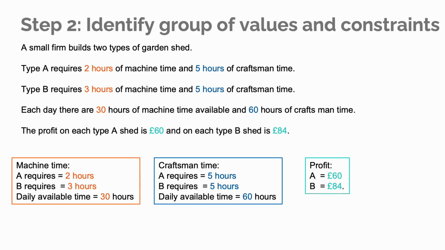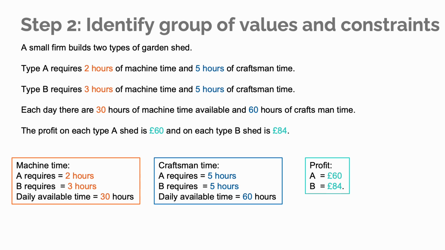So when it comes to machine time, required by A is 2 hours, and machine time required by B is 3 hours, but the entire system has only 30 hours available. That means that machine time cannot be more than 30 hours. So cannot be more than, in mathematics, is also known as less than or equal to. It means that 30 hours is the cap.